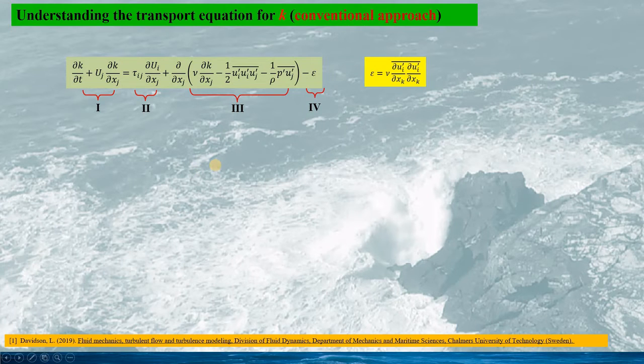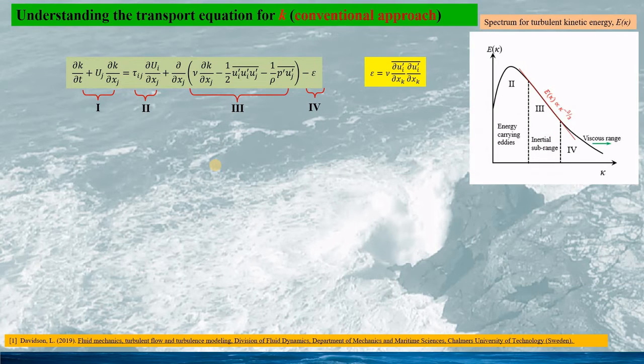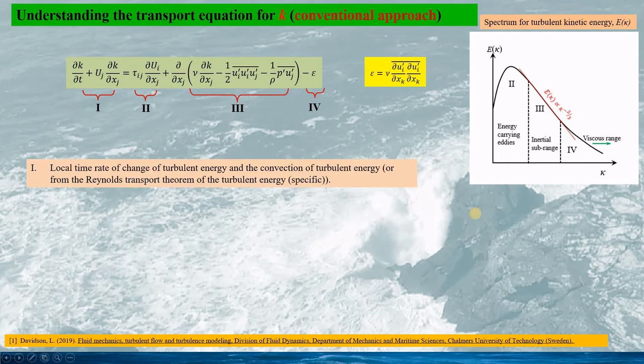And this transport equation corresponds to the energy cascade process as assumed by Kolmogorov, as shown in this figure. Region 1 can be derived from the Reynolds transport theorem for the quantity of the kinetic energy, including the local change of the turbulence energy and the convection of the turbulent energy.